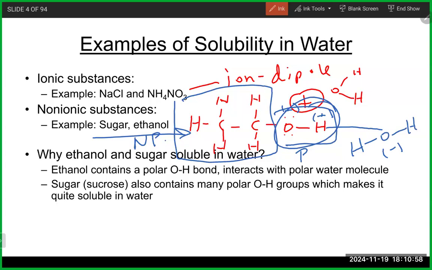This is sometimes referred to as steric hindrance: the big nonpolar part gets in the way. So even though it still has that OH bond, things with 5, 6 or more carbons are just too large to interact.